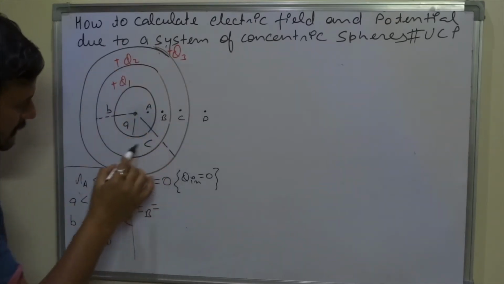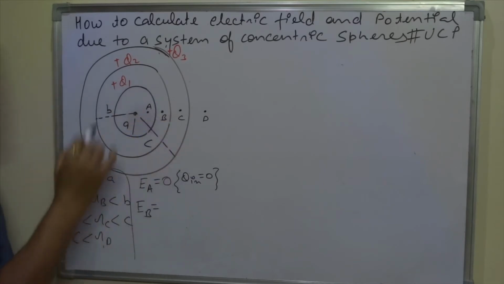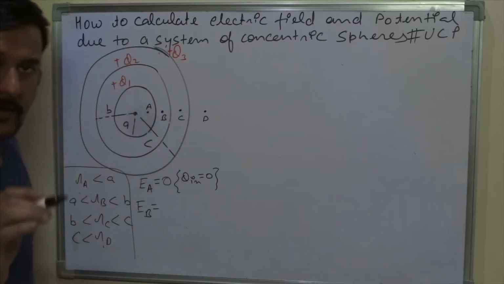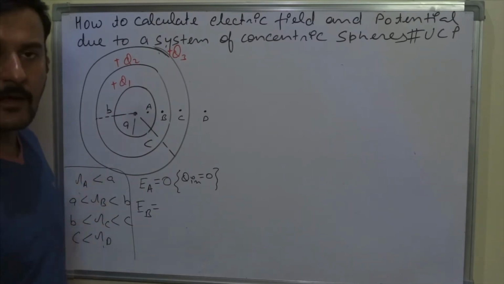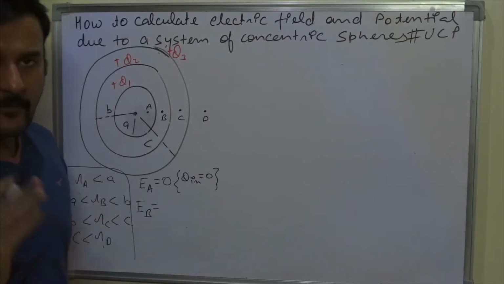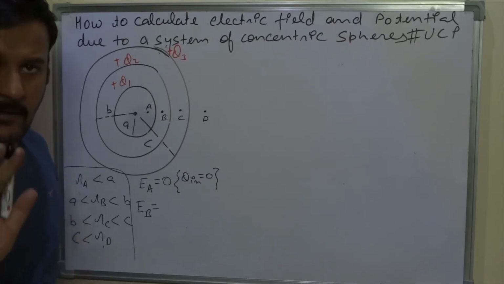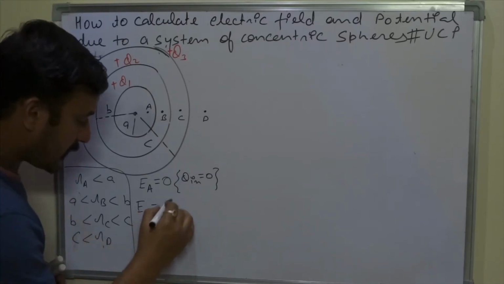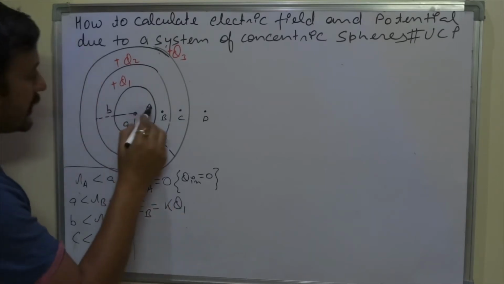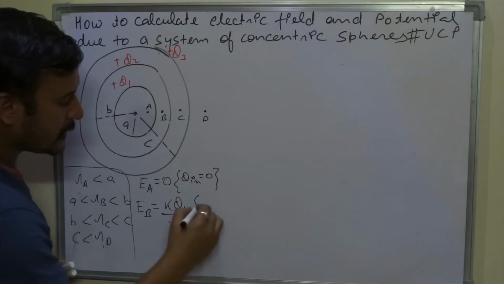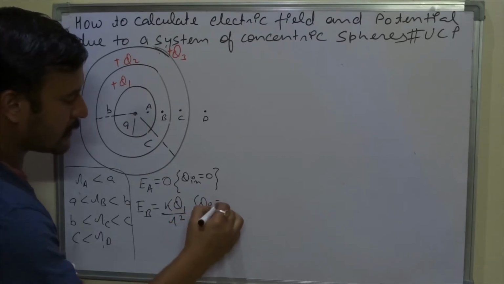So Q inside is Q1, and we write the electric field as K Q inside by R square, so it would be K Q1 by R square. Here Q in is equal to Q1.